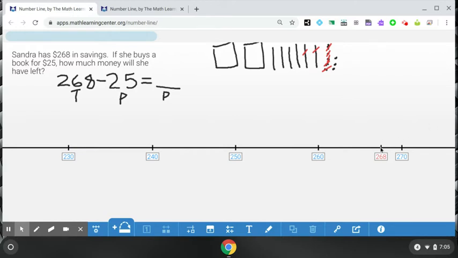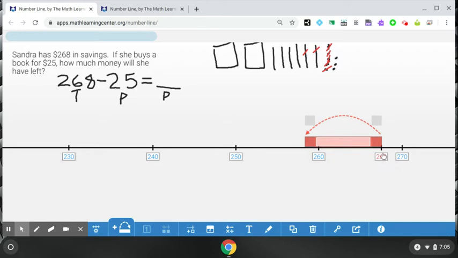If I look here and I see 268 and I want to take 10 away, I know that my jump backwards would start at 268, and I have to move that to 258. You remember our work from yesterday.